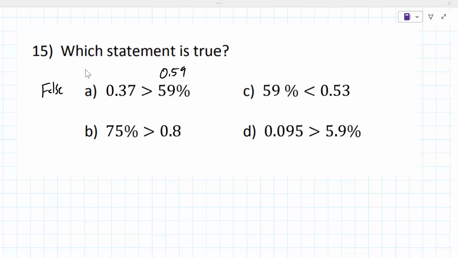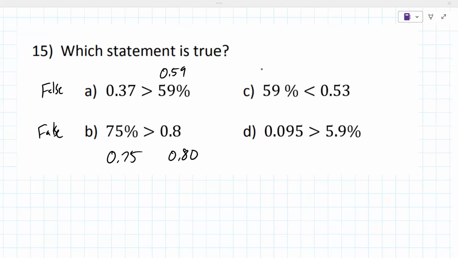Would that be a zero after that? 0.75, 0.80. Oh wait, no, it would be the 0.8. That's false as well. Okay, I got a C. That's false as well.